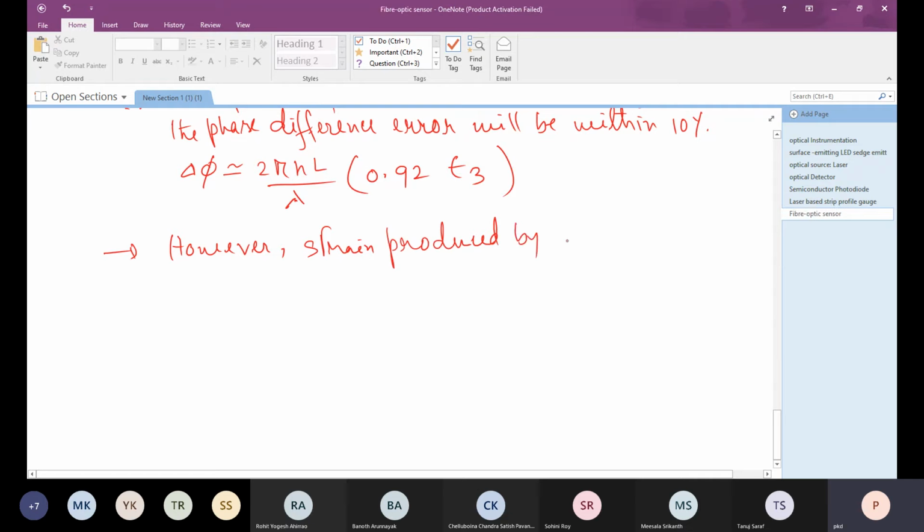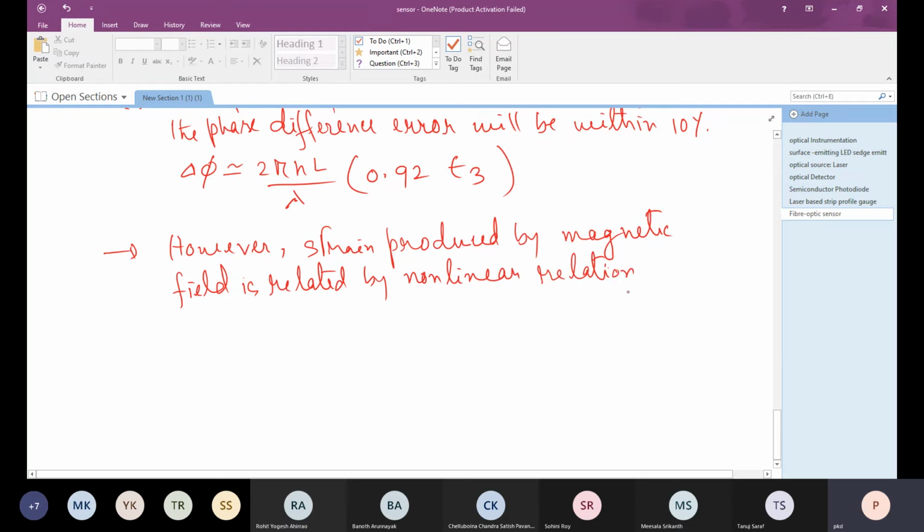Strain produced by magnetic field is related by nonlinear relations.